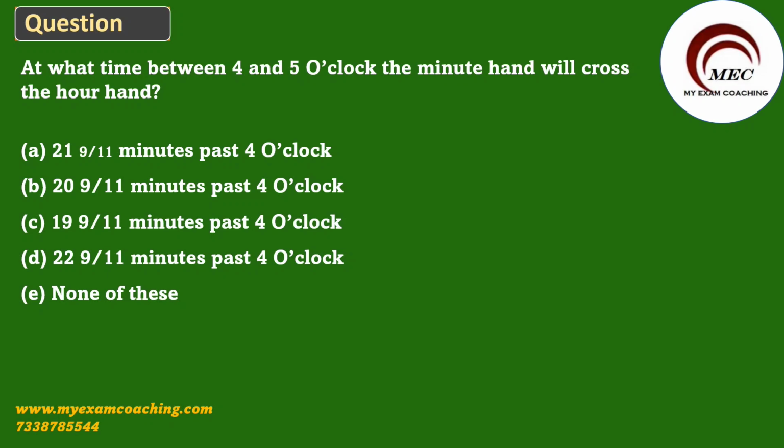What is asked is: at what time between 4 o'clock and 5 o'clock? Let us draw a small clock here. So this is 4 o'clock, this is 5, and this is 12. From 12 to 4, this is 1, 2, and 3.